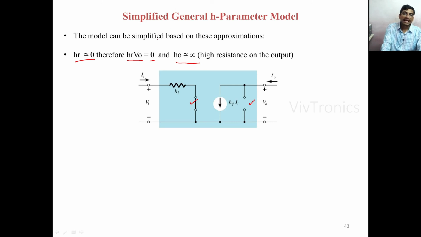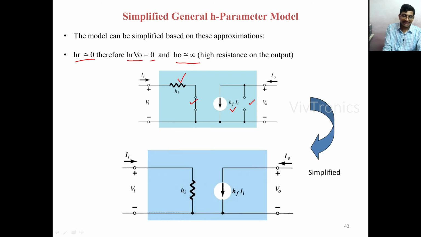One is HI at the input side, another one is HF Ii at the output side. Therefore the simplified one is HI and HFE. If we apply this for the common emitter configuration, HIE at the input side, HFE into Ib at the output side. That is the output current and input resistance.